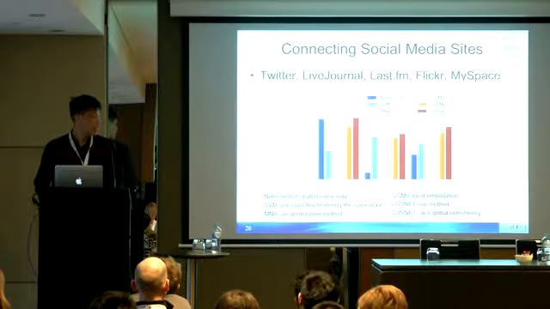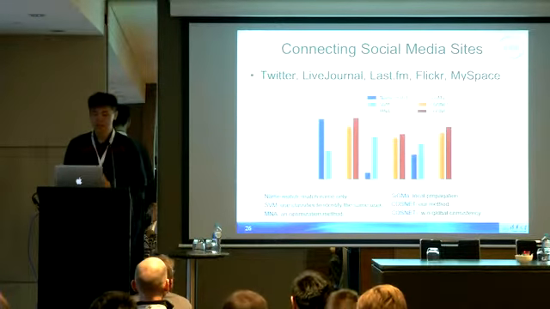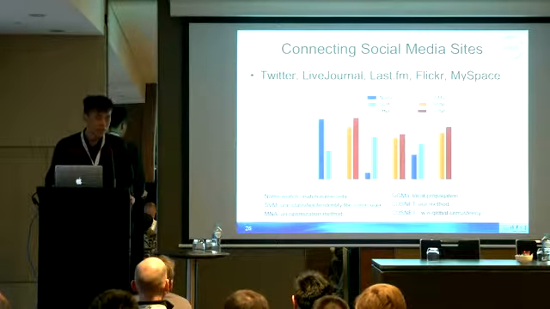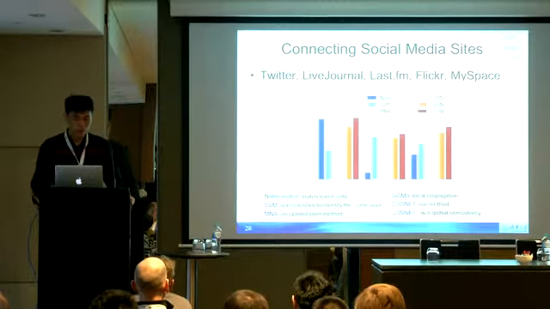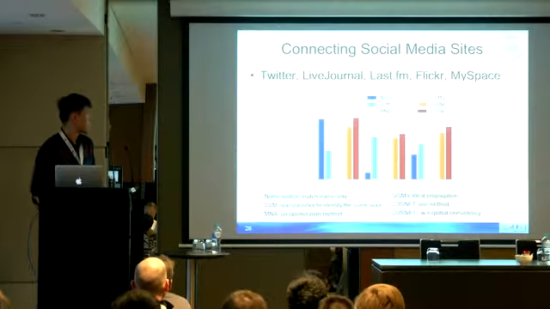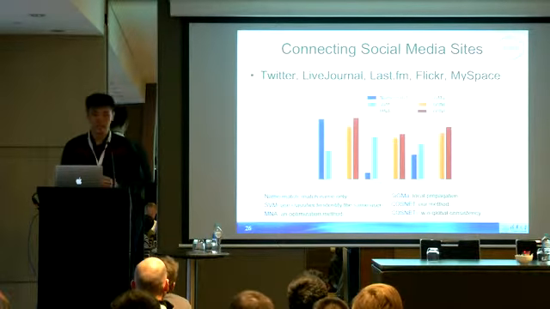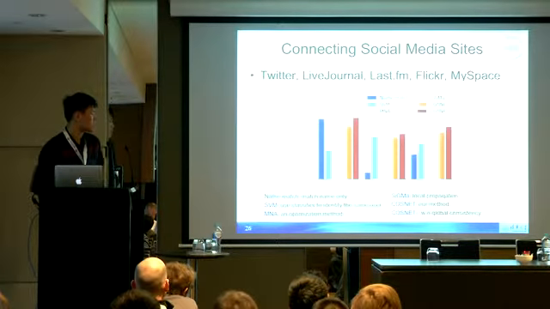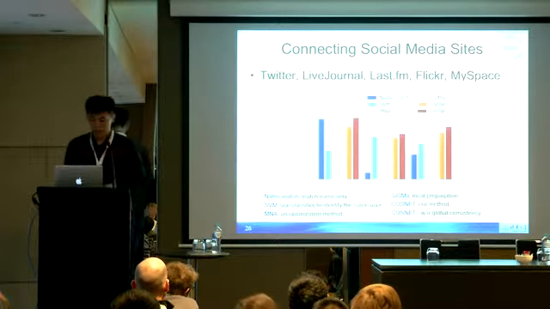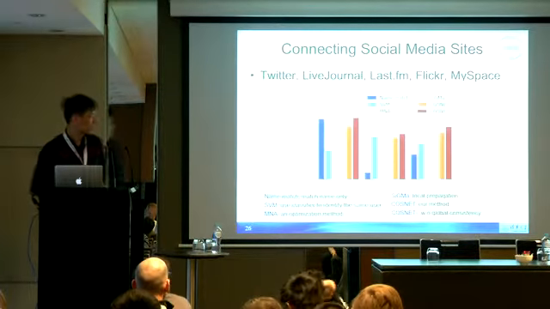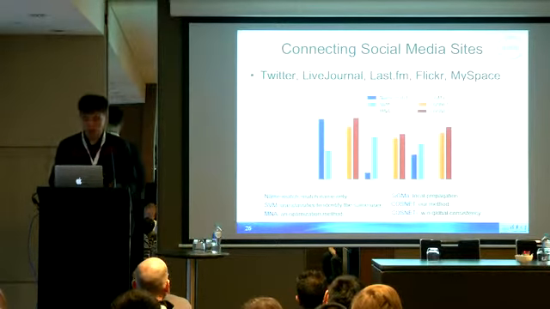But in this data set, usernames are unique within one social network. So here we can see that the name match baseline can achieve a relatively high precision, but the main challenge here is recall. We can see that our method outperforms the alternative methods on both data sets.